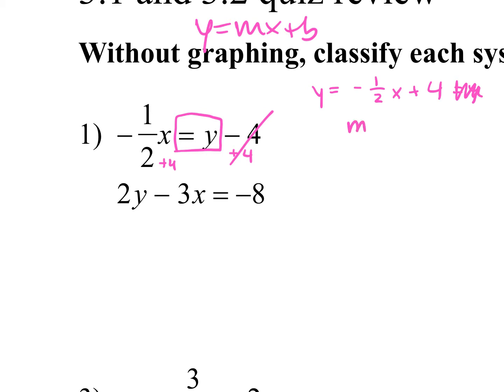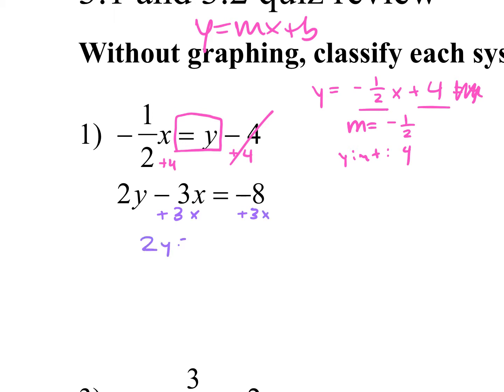What's my slope here? Negative 1/2. And what's my y-intercept? 4. Slope, y-intercept. So let's do the second one now. What do I need to do first in the second one? Add 3x to both sides.